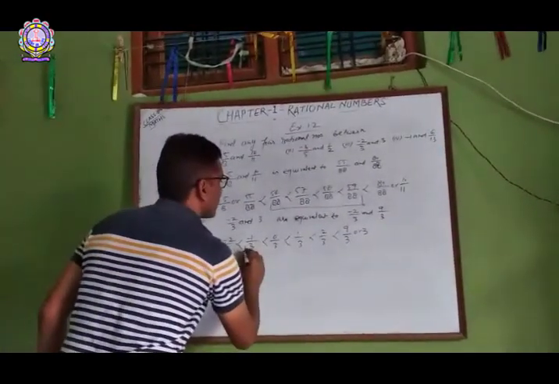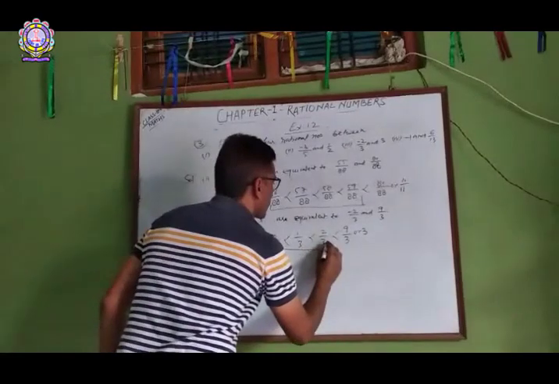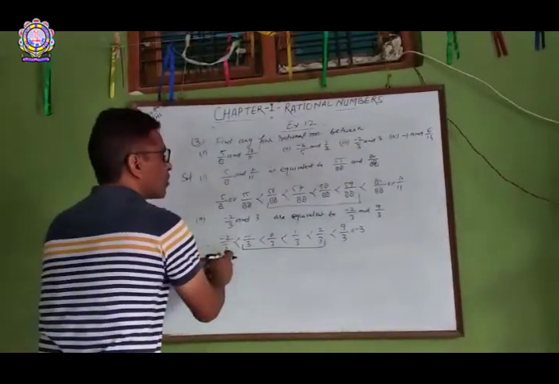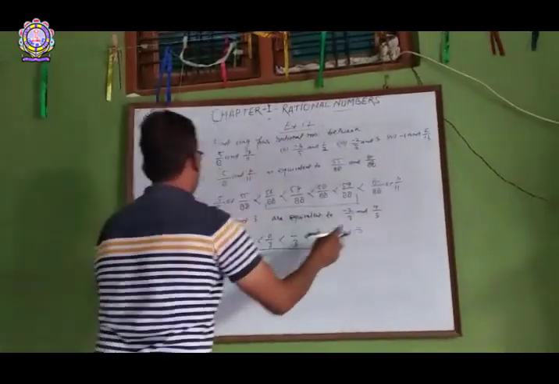In this way we have inserted these four rational numbers in between minus 2 upon 3 and 3.